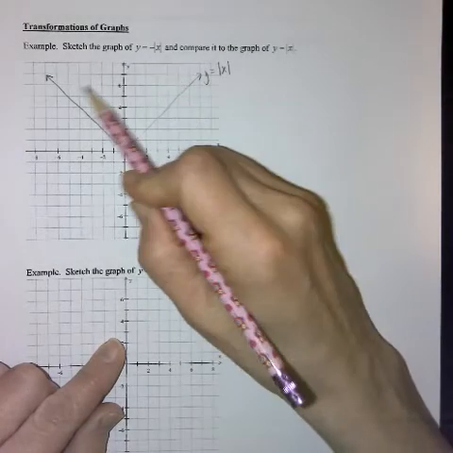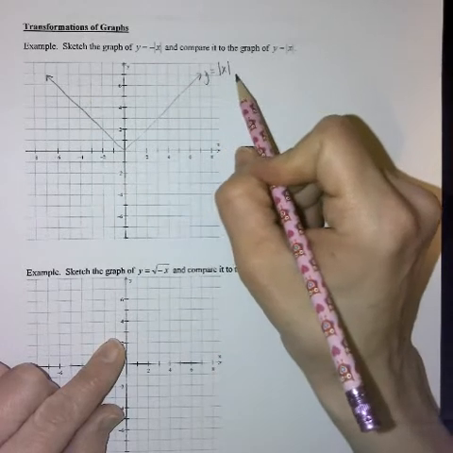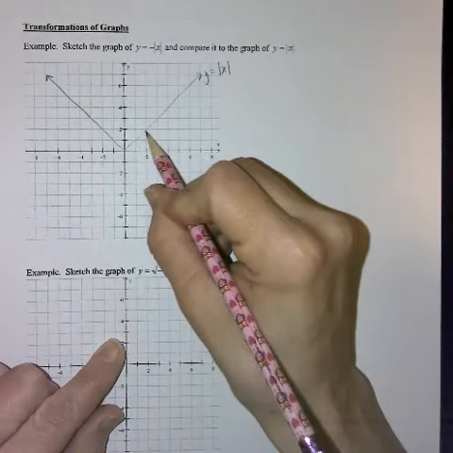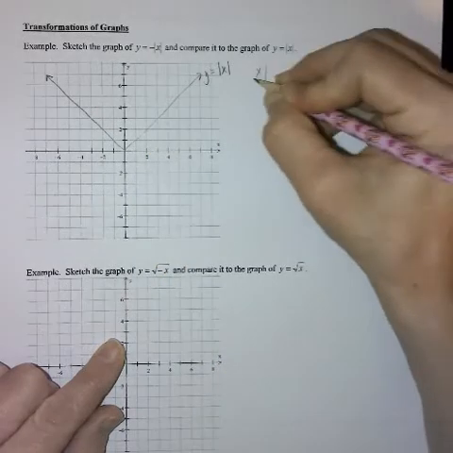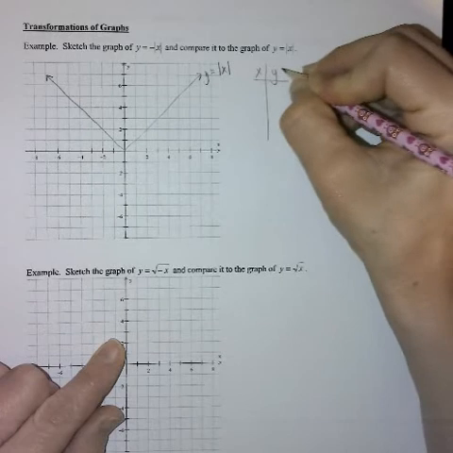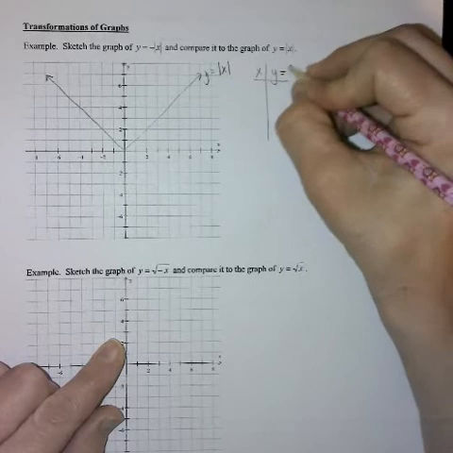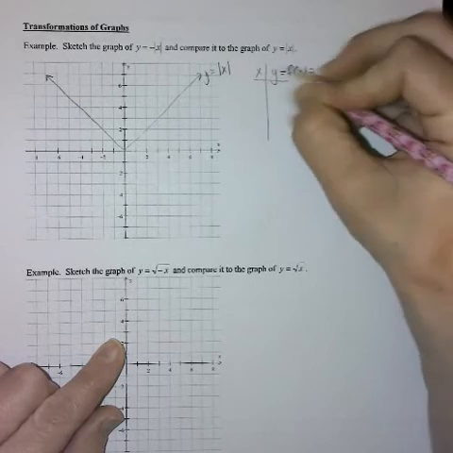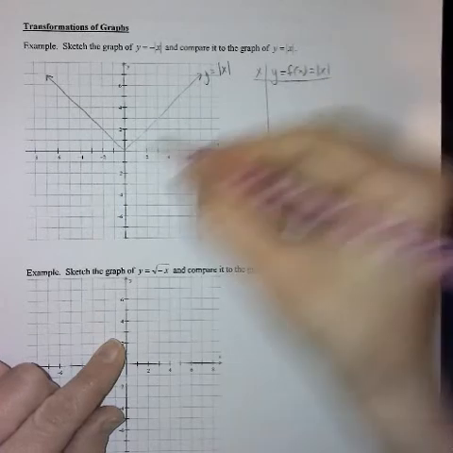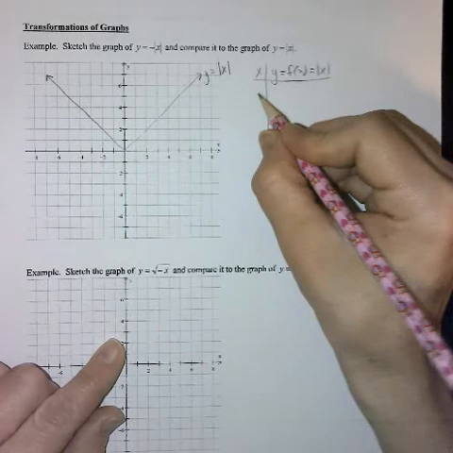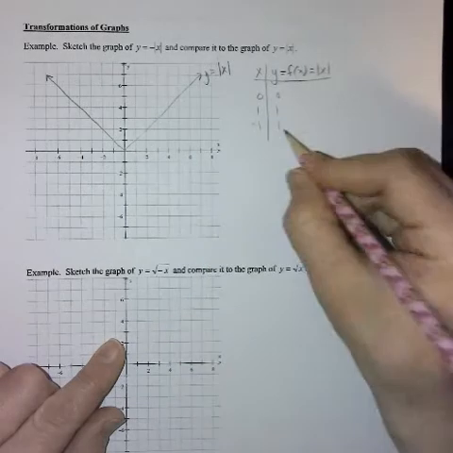And so when you have this function here, y equals absolute value of x, of course you have your input and your output, right? So your input is x and your output is y, or f at x. I didn't use function notation, but we could call it f at x. But it's also this expression, absolute value of x. And so, of course, we've got 0, 0, 1, 1, negative 1, 1, etc., right?